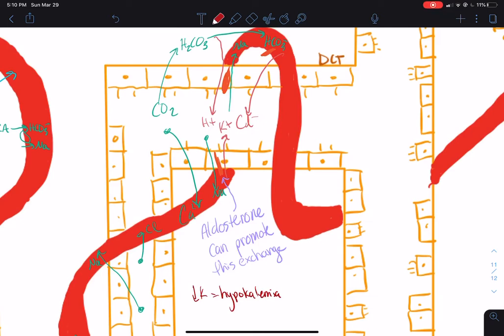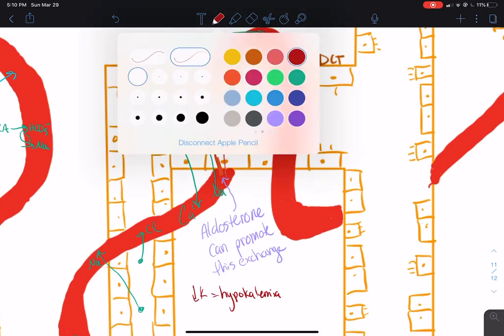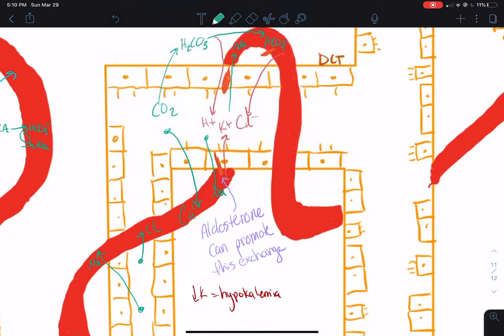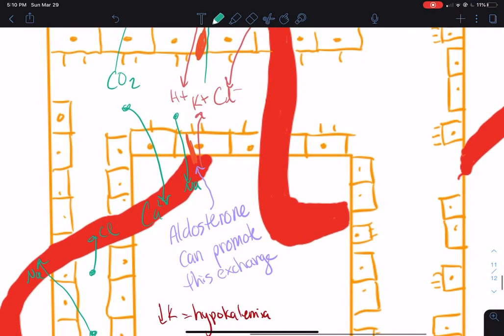Okay, so we need to mention one other co-transporter, and that again is going to involve bicarbonate. Let me remind you that in the cells, this carbonic anhydrase is constantly working, and so we're going to move bicarbonate again into the bloodstream to help buffer.